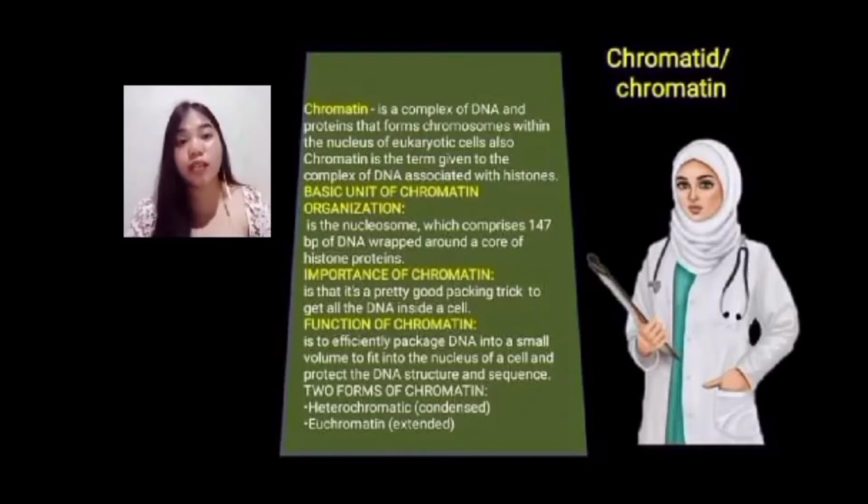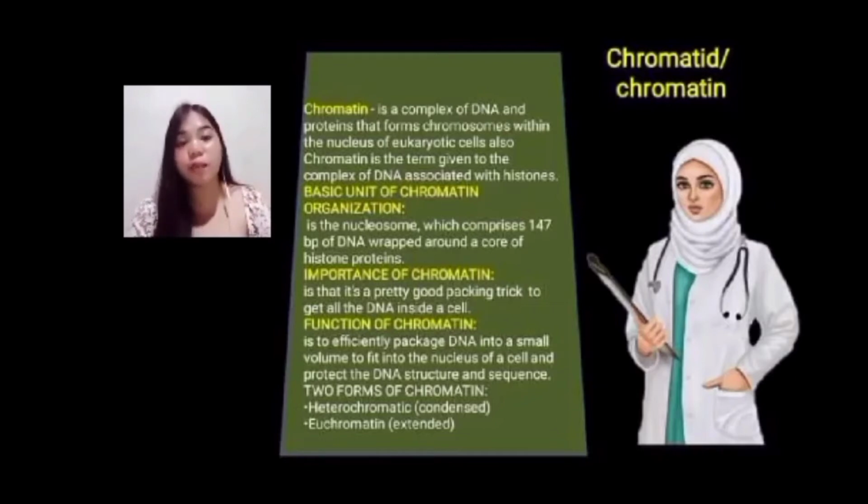Next is the basic unit of chromatin organization, which is the nucleosome, comprising 147 base pairs of DNA wrapped around a core of histone proteins. Next is the importance of chromatin: it's a pretty good packing trick to get all the DNA inside the cell.